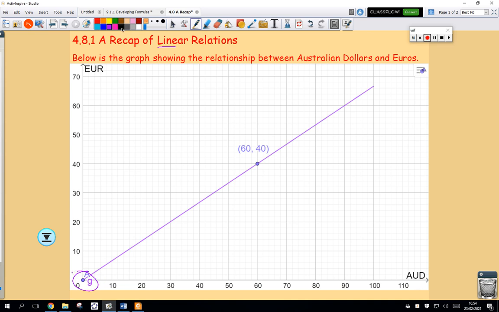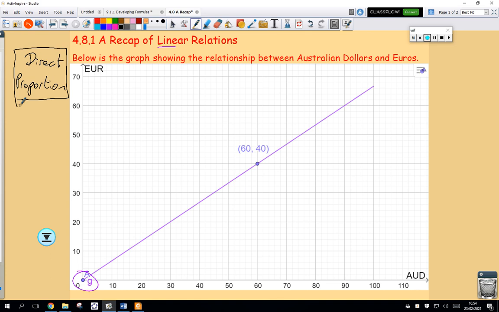And when a linear relation contains the origin, it is what's called a direct proportion. Now, not all linear relations are direct proportions, but all direct proportions are linear relations. So if it contains the origin and it's a linear relation, then it is a direct proportion.